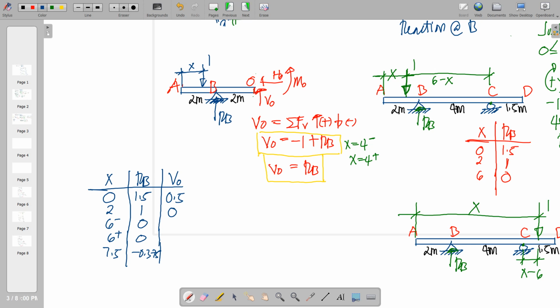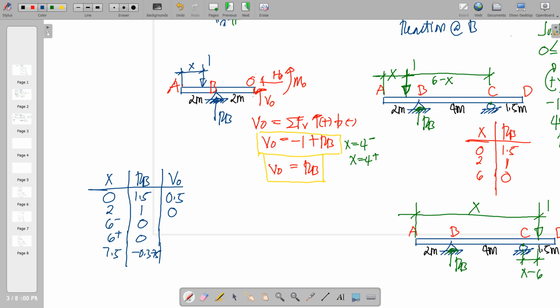Next, we apply 4 minus. We do not have an existing equation for 4 minus, meaning it does not jive with what we have here.